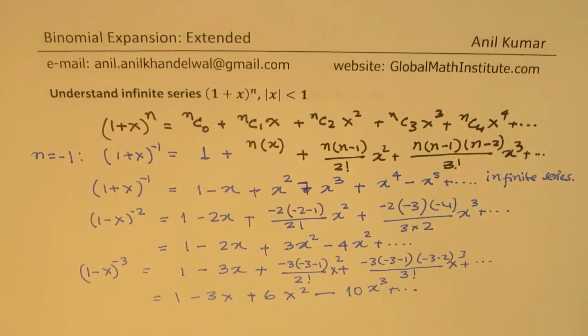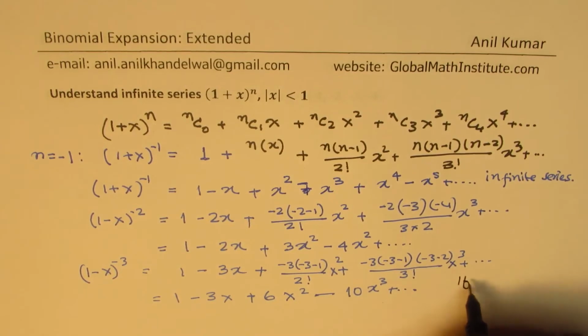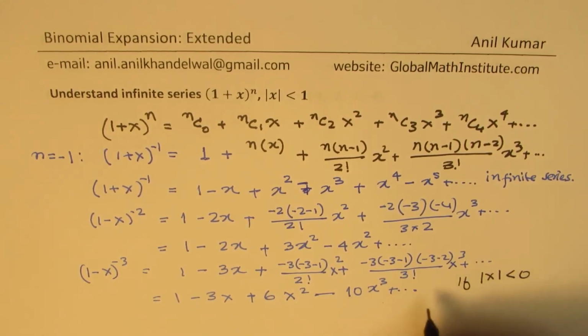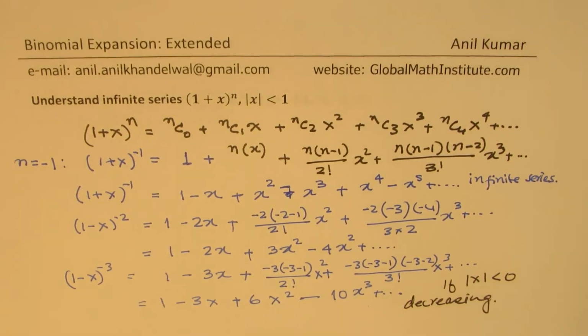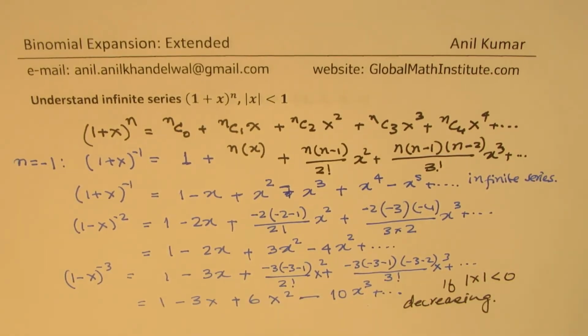Now this series has decreasing magnitudes. So what do you notice here? If the absolute value of x is less than 1, then this series is decreasing. In this part, we discussed that n could take any real value.